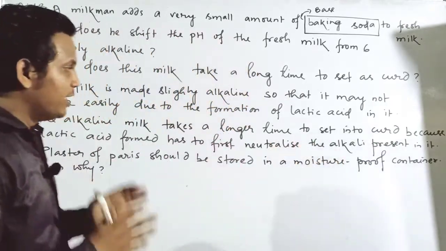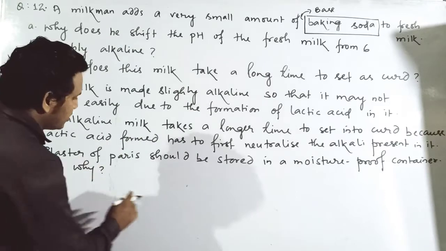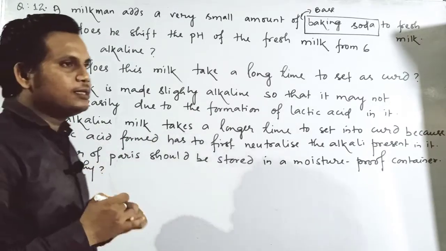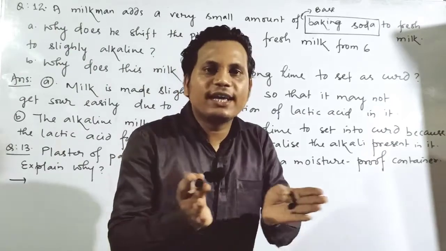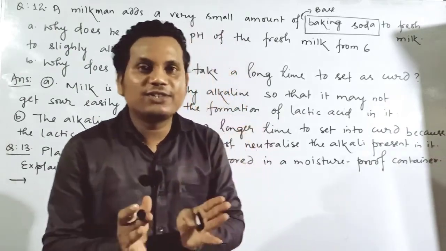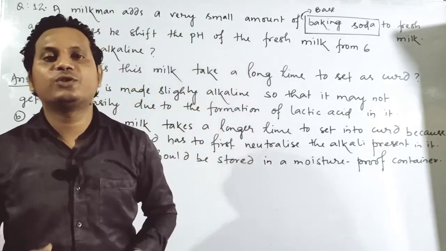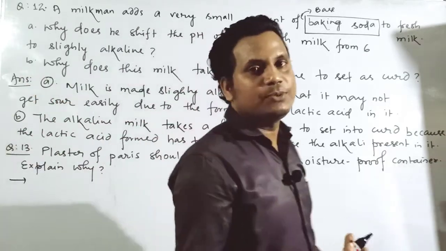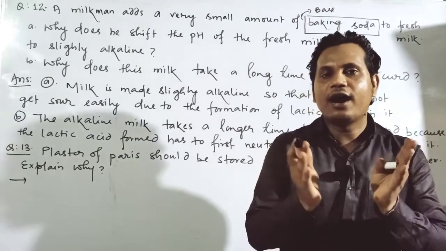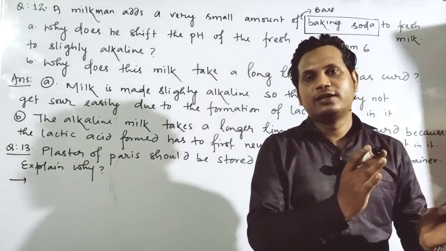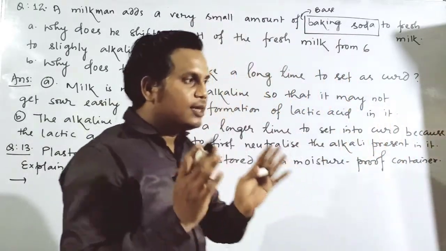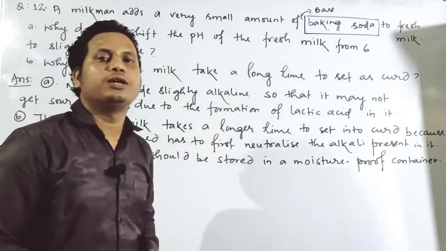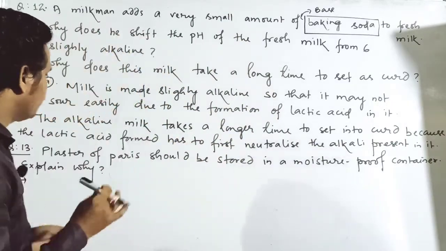Why? If water is present, then what happens? When plaster of Paris comes in contact with water, it is converted to gypsum, which is a solid hard mass. So to prevent this reaction, it is stored in a moisture proof container.